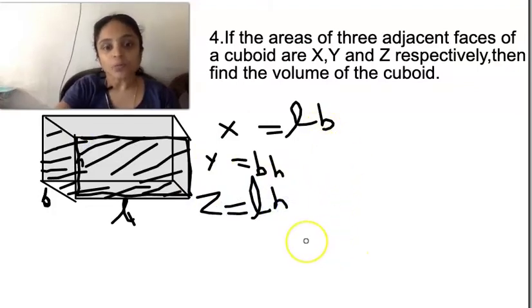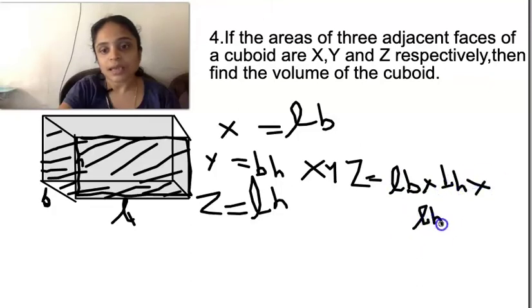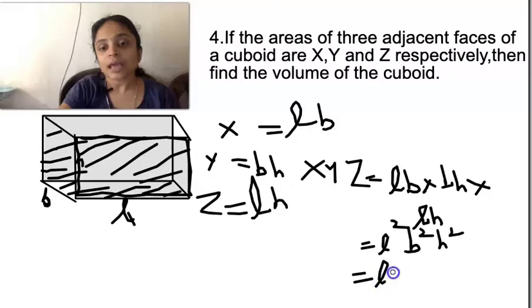Okay, now what is XYZ? XYZ equal to LB into BH into LH, right? It is equal to L square B square H square, which is the square of LBH, right?